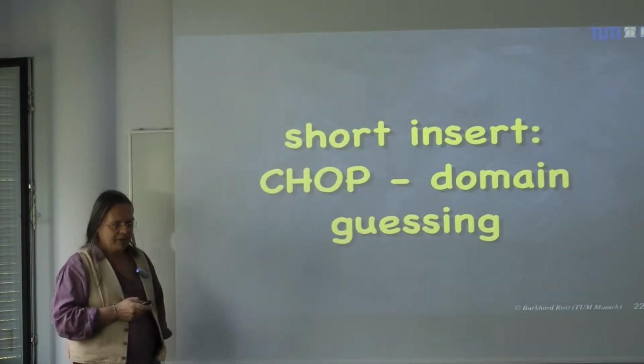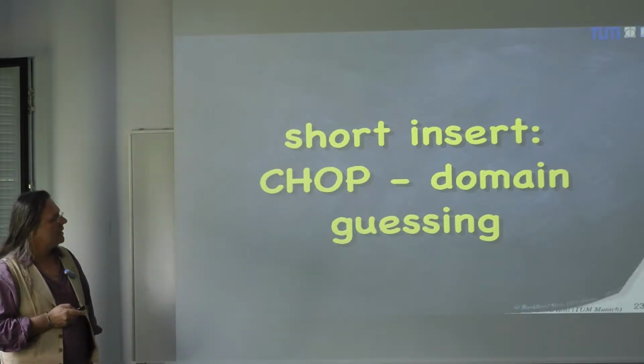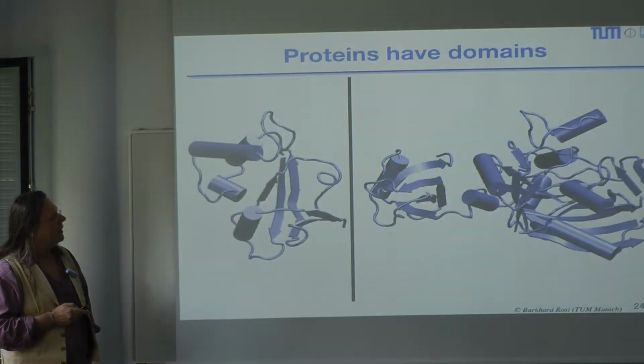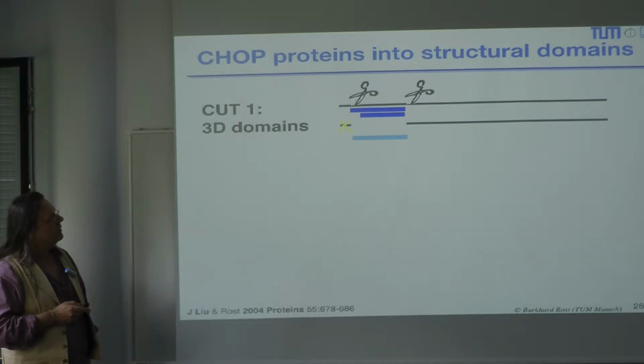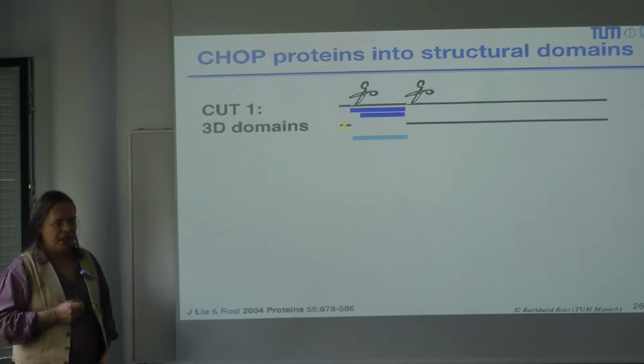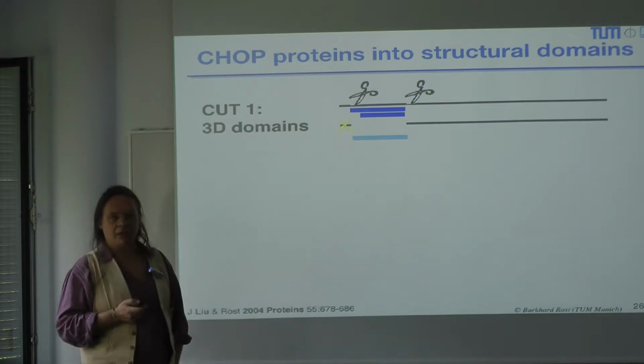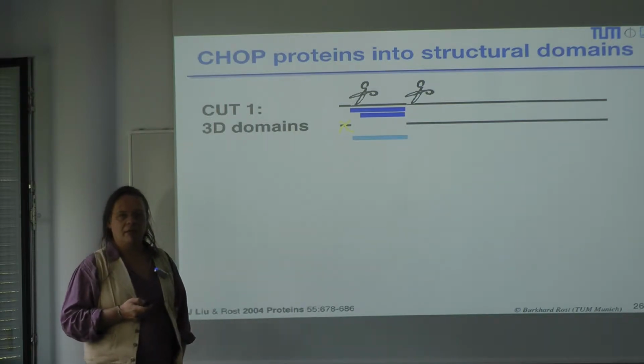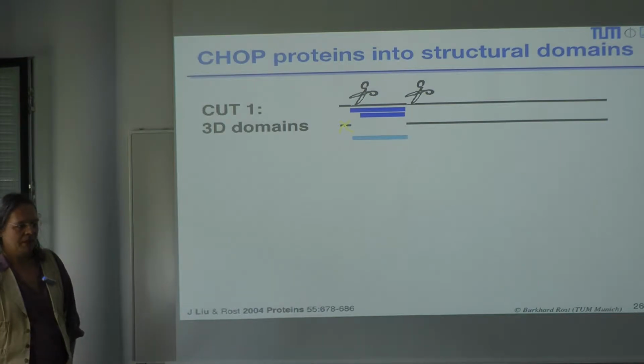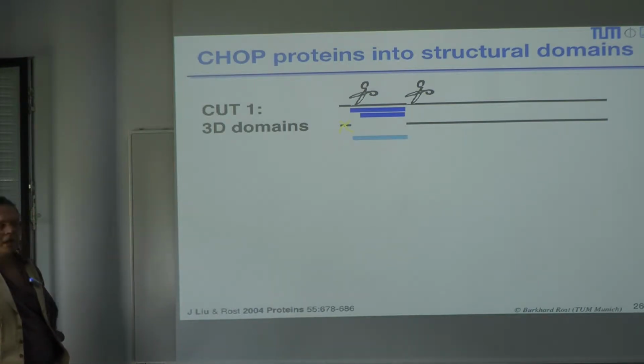Okay, how can we in fact chop proteins into domains? How can we guess them from sequence alone? And what I'm showing you here is a hack. And that hack is the simplest thing you can do. I'm going to show you something that as a smart student I would assume you can do in less than 3 months.